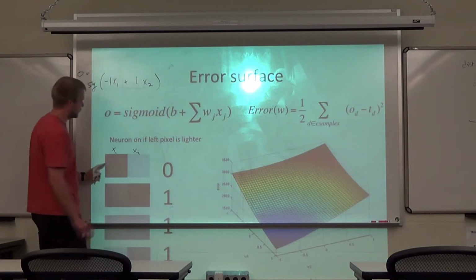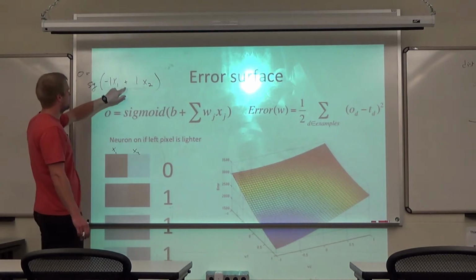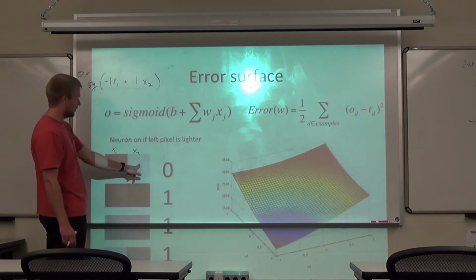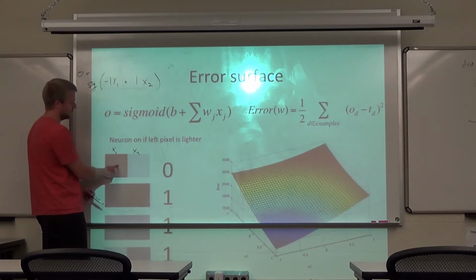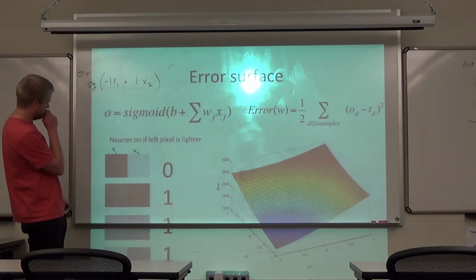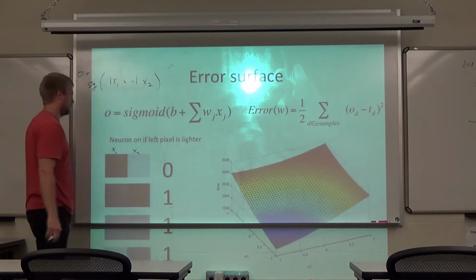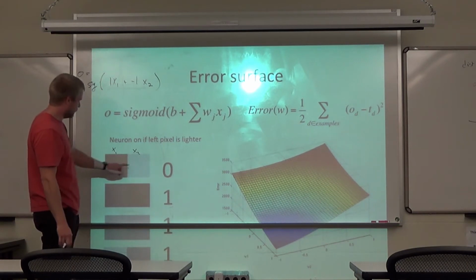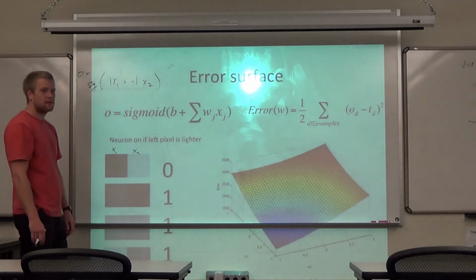Yeah, that's right. So basically the lighter it is, the higher the value is, and so this will subtract this value from this value. And so if this value minus this value is positive, then this value is lighter. I got that backwards, sorry about that. So we want to subtract this value from this value so that it's 0 when this value is higher than this value. Does that make sense?